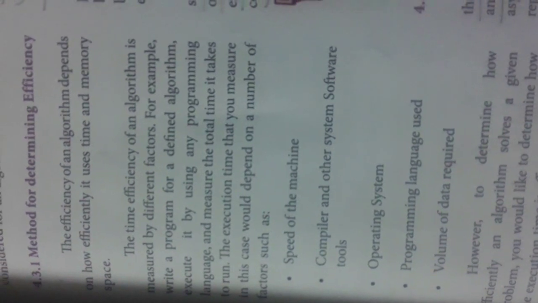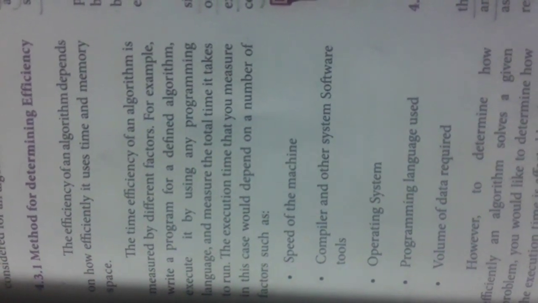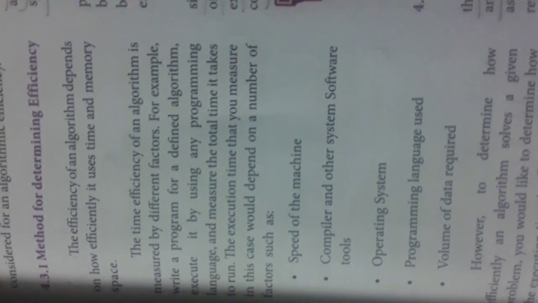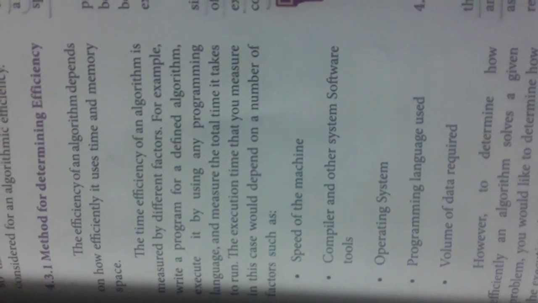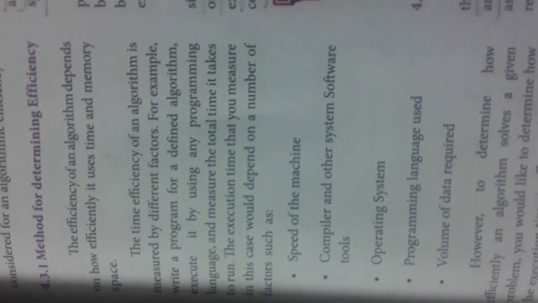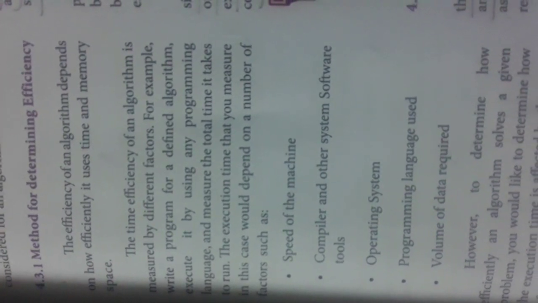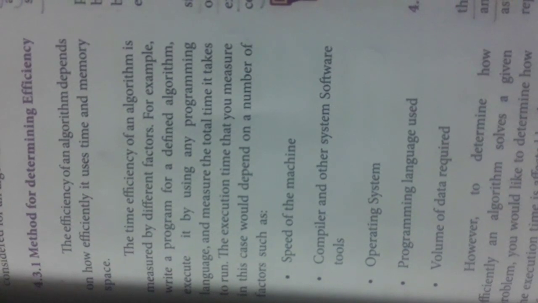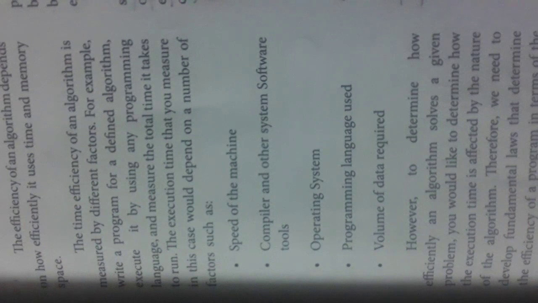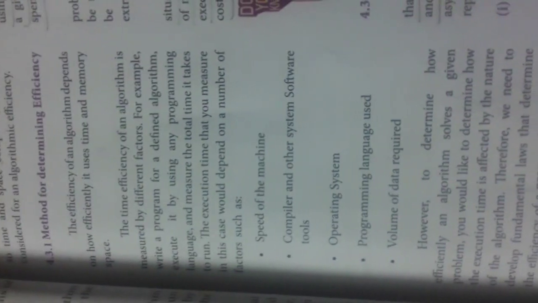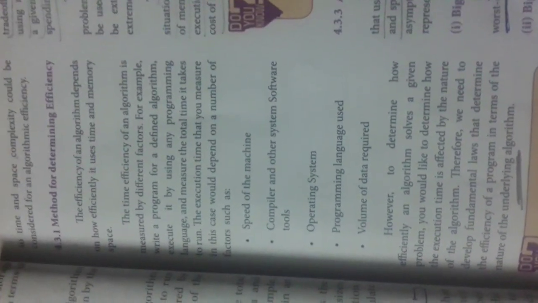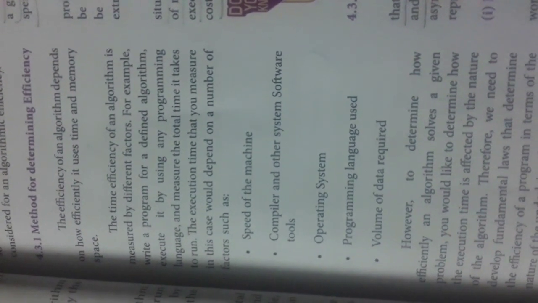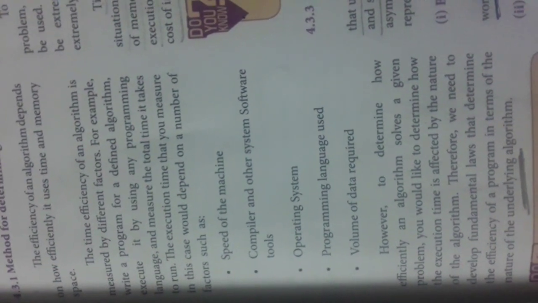The next one is the different factors that determine the efficiency of an algorithm, that is speed of a machine, compiler and other system software tools, operating system, programming languages used, volume of data required. The best algorithm is to solve a problem in less space and takes less time to execute the instructions to generate the output.